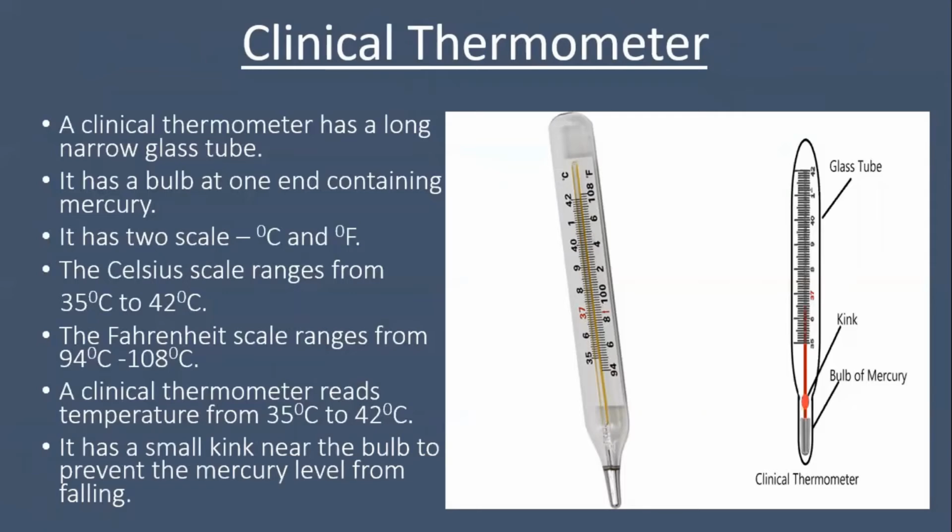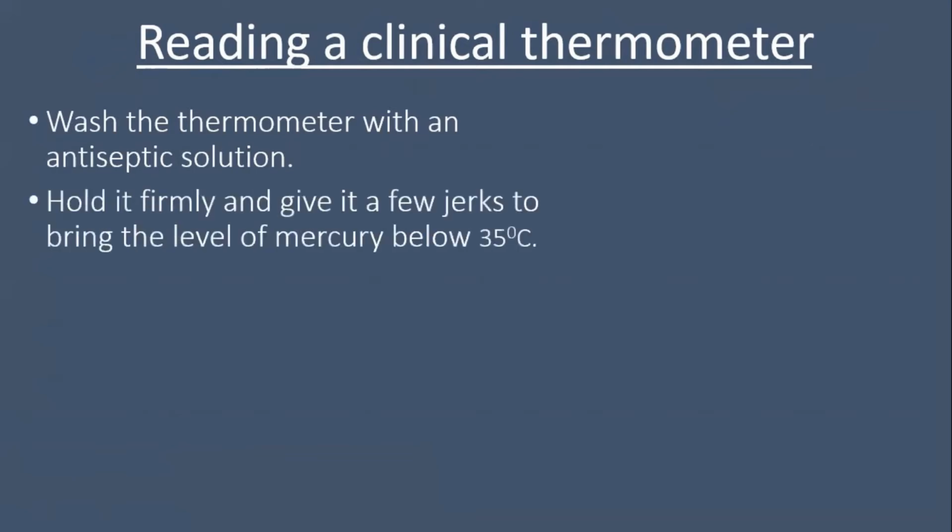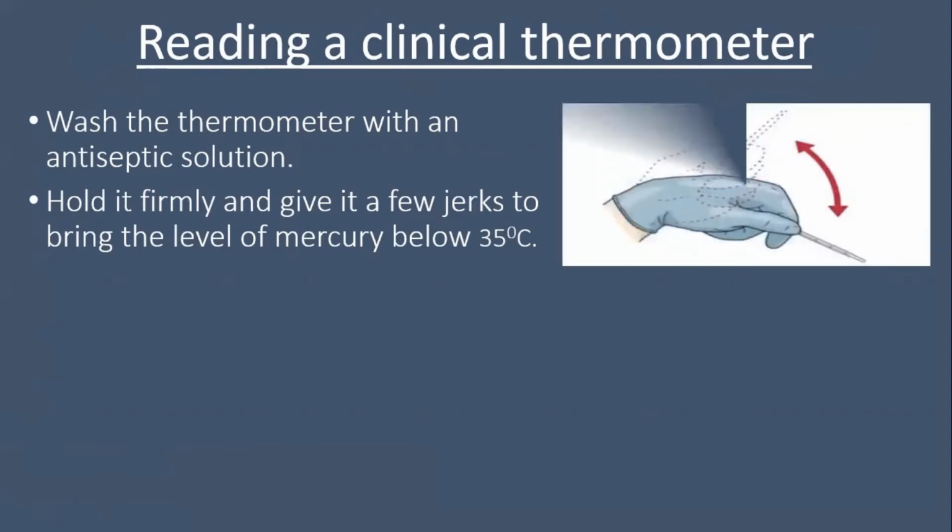The clinical thermometer has a small kink near the bulb to prevent the mercury level from falling. Now let us know how to read a clinical thermometer. Wash the thermometer with an antiseptic solution. Hold it firmly and give it a few jerks to bring the level of mercury below 35 degrees Celsius.